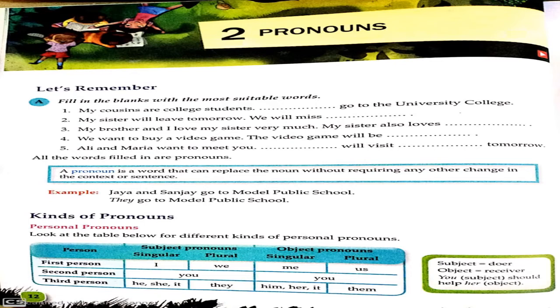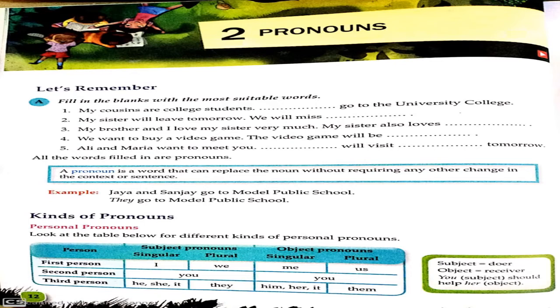So here, first person singular, I, plural we. Then the object singular will be me, and the plural of we will be us. Now let's talk about the second person.